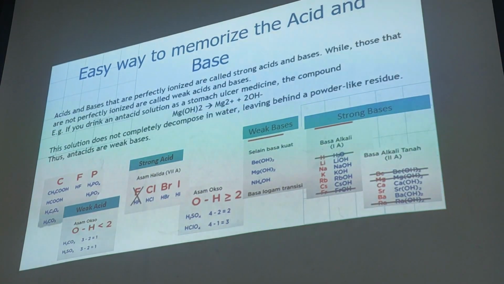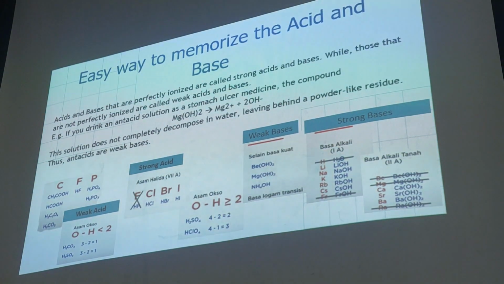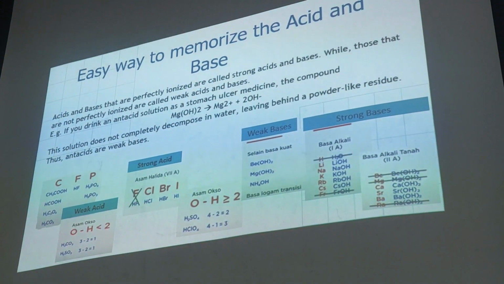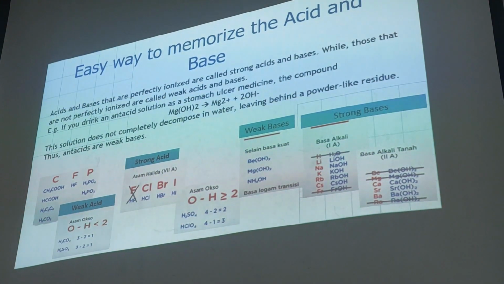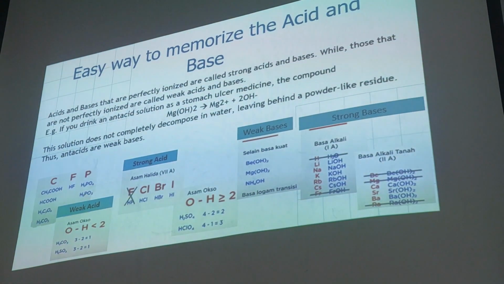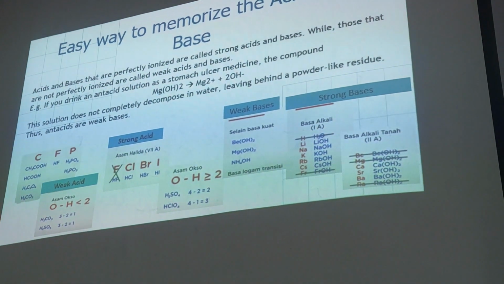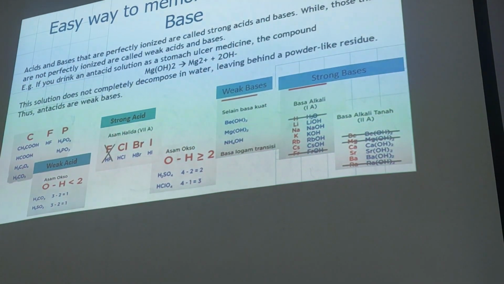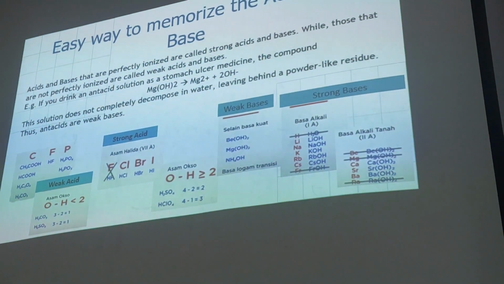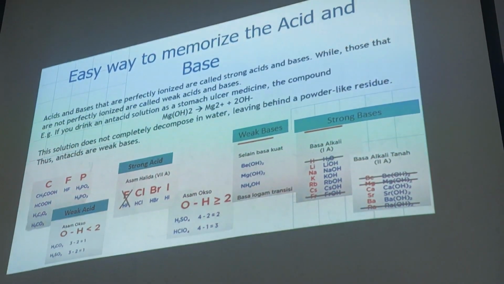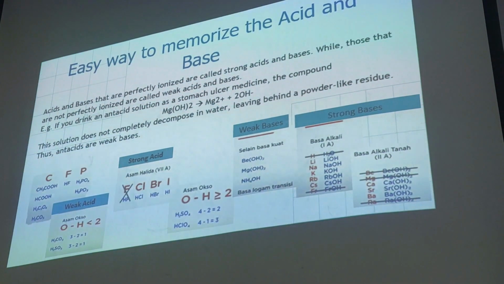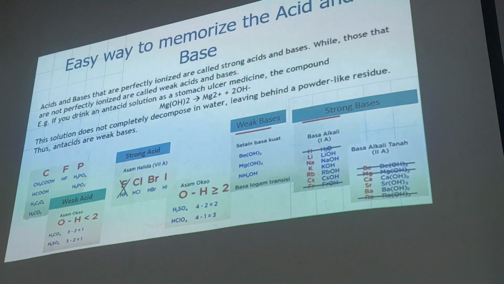The definition of acid and base: acids and bases that are perfectly ionized are called strong acids and strong bases, while those that are not perfectly ionized are called weak acids and weak bases.